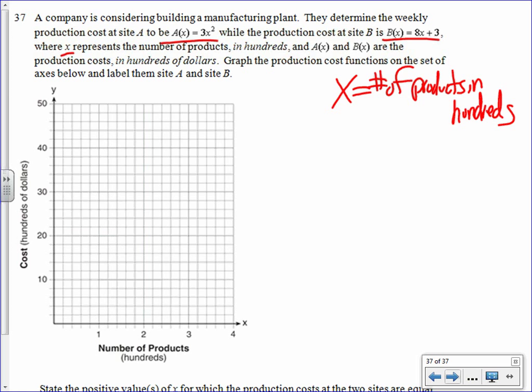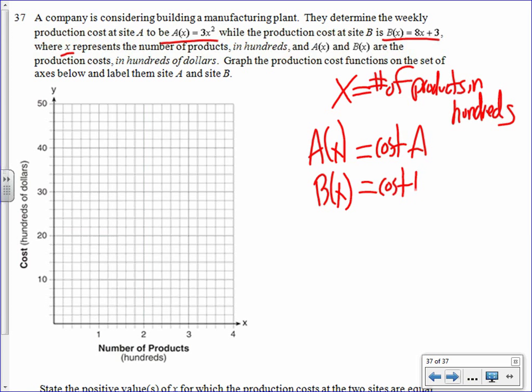And A of x and B of x are the production costs. So this is cost for A, this is cost for B in hundreds of dollars. So everything's in hundreds here.